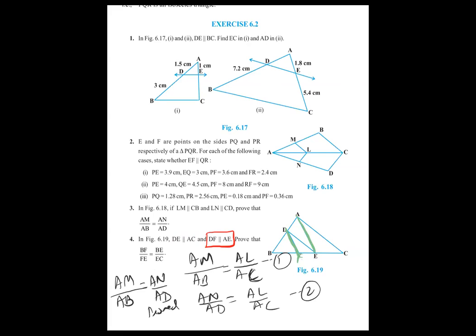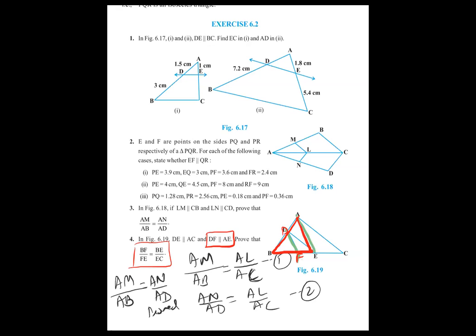Yes, Varsha. Correct. DF and AE belong to triangle ABE. It's clearly visible. So don't think about other lines, think only about that triangle and apply the basic proportionality theorem in that particular triangle. Two times you apply the basic proportionality theorem and then get this result.